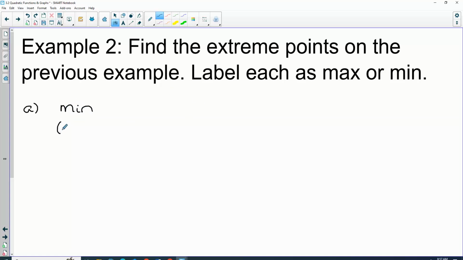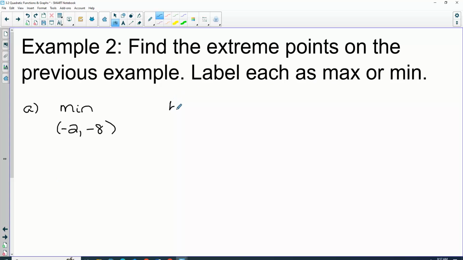What was the ordered pair of the vertex? You guys are looking at graph A from yesterday. That lowest point, our vertex, was -2, -8.